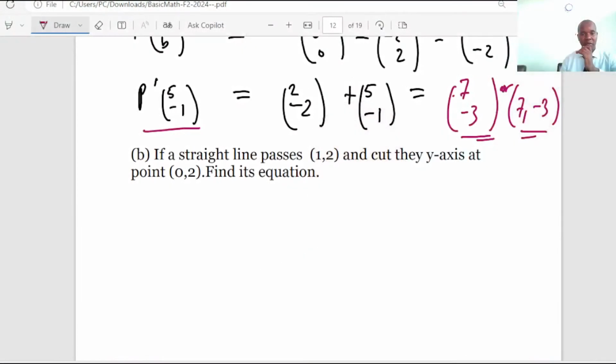So we are looking for the equation when we were given 2 points. So you have 1, 2, and another point will be 0, 2.